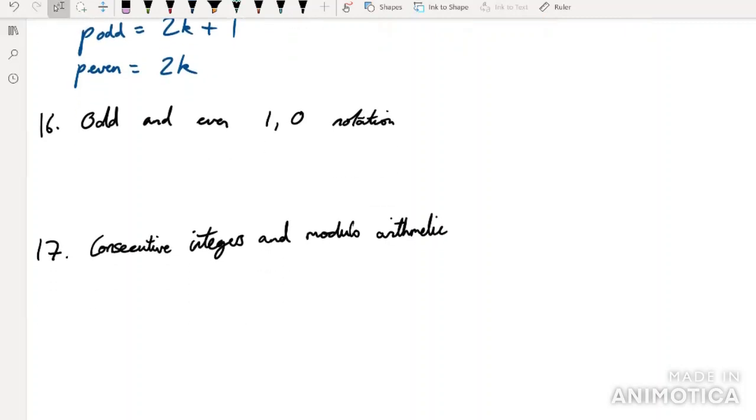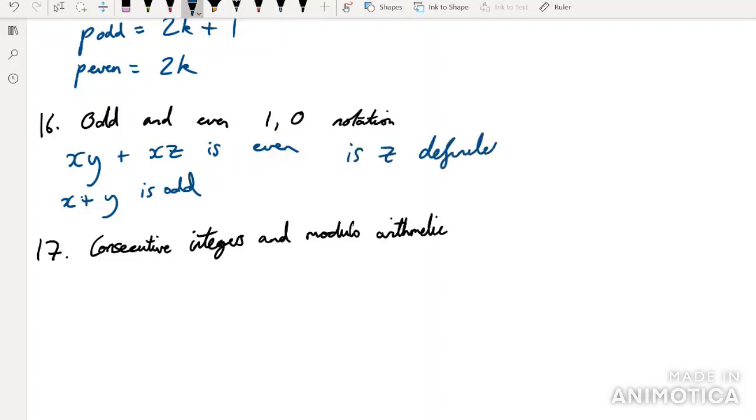What's more likely in the GMAT is you're told something like this: xy plus xz is even. Let's say x plus y is odd. Something like, is z definitely even or odd, or something like that, right?